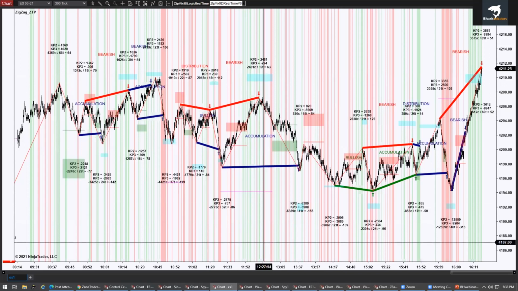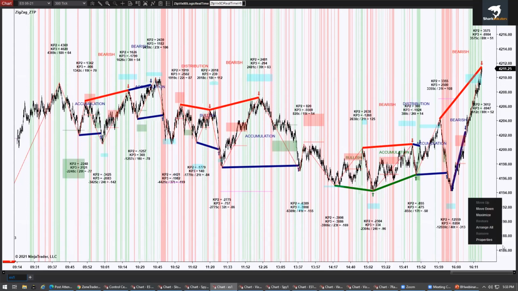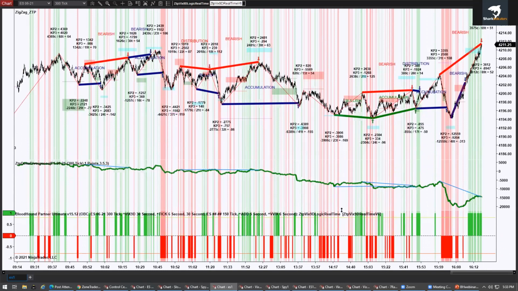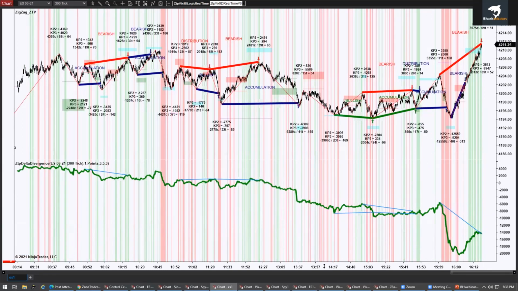Now on this chart, I do display more information. One of the things that I display is this KP2 ratio, basically tick by tick. And that is part of the volume analysis also.